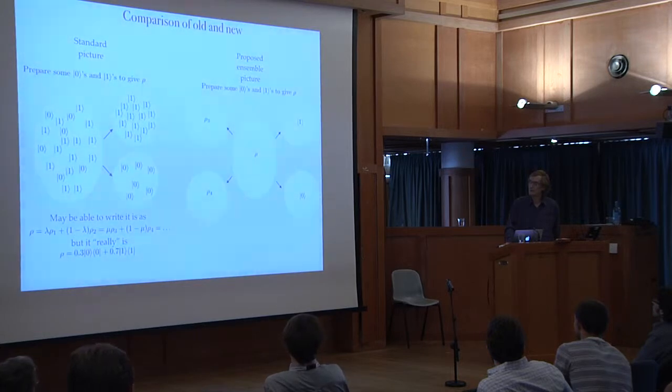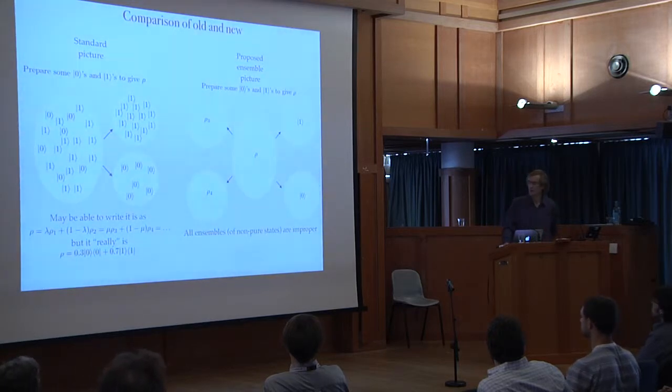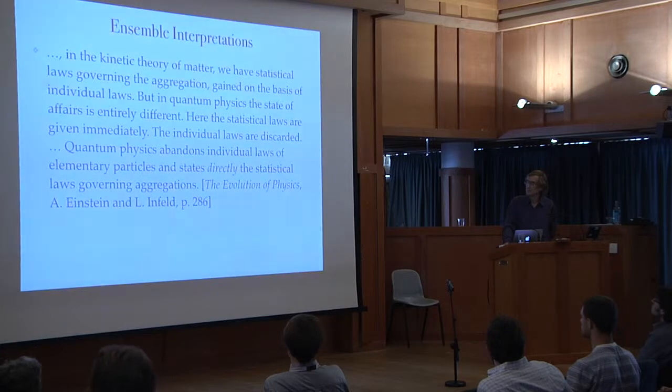Partition the ensemble in a different way so that it's not in the states that were the prepared states. So the upshot really is all ensembles of non-pure states are improper. You don't find out about them until you can partition them into pure states.